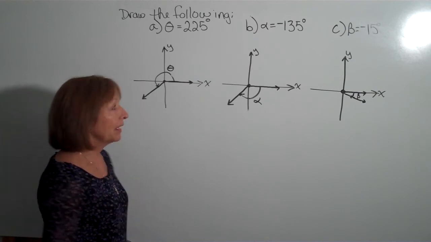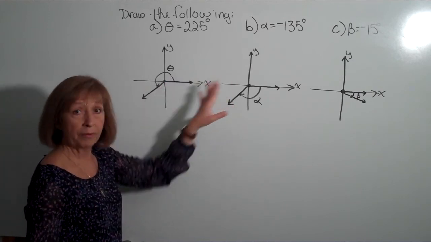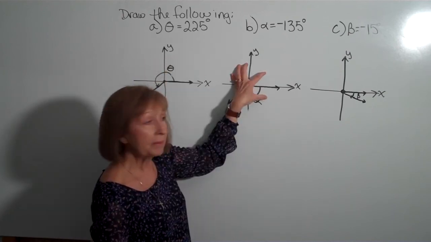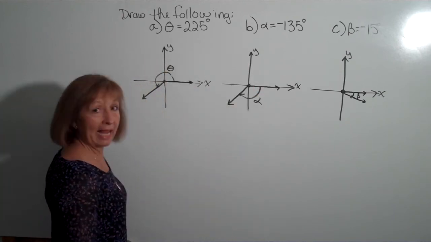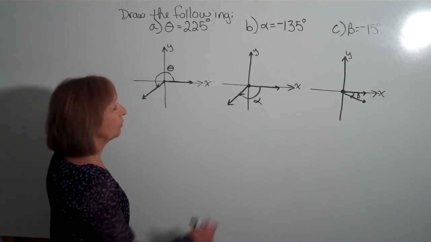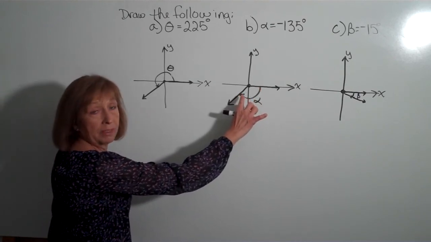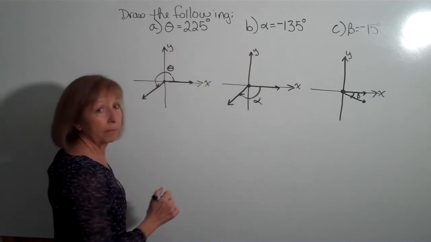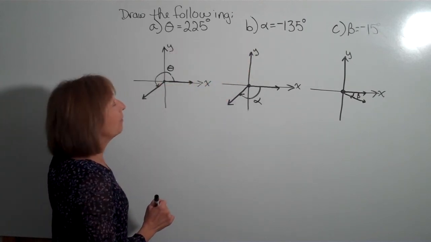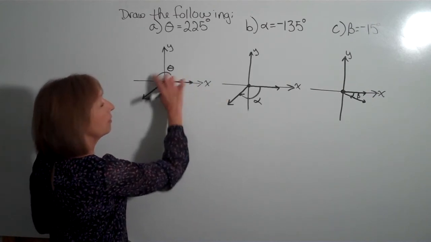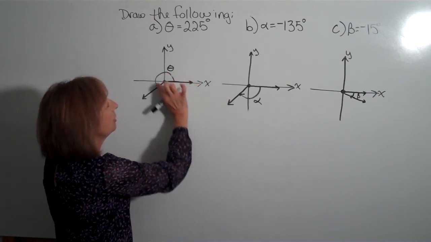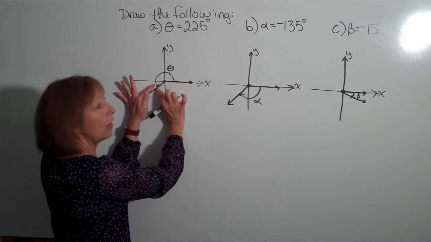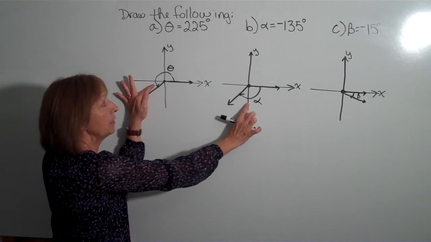Now also, if you were to superimpose this XY plane onto the one in part B, and look at the measurements of part B and part A, this is 225 degrees up and around, and this is 135 degrees down and around.